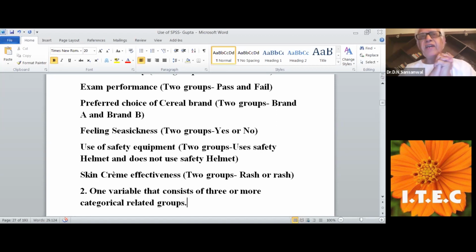My dear friend, when I say related groups, that means you have only one group. The same group undergoes this treatment, and the same group undergoes another treatment, and the same group undergoes another treatment.